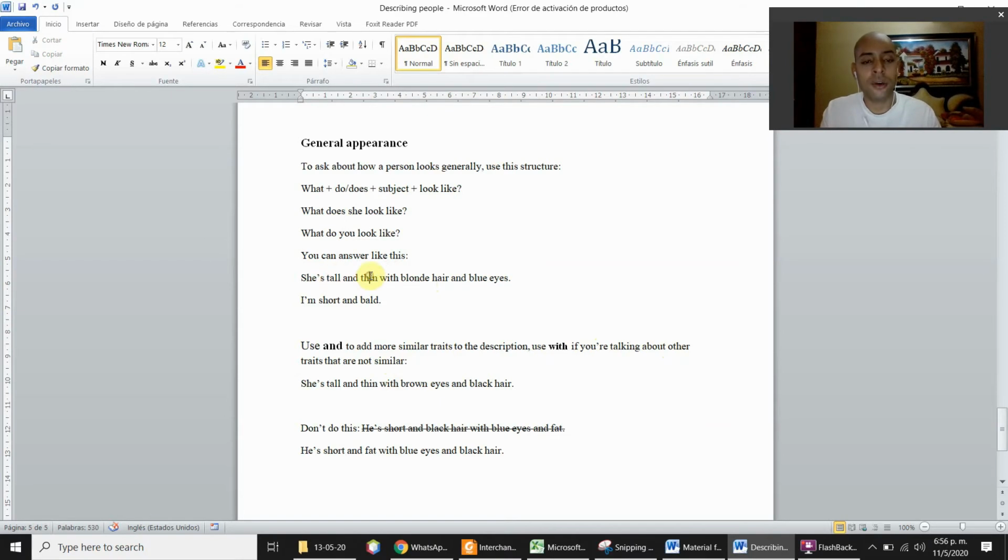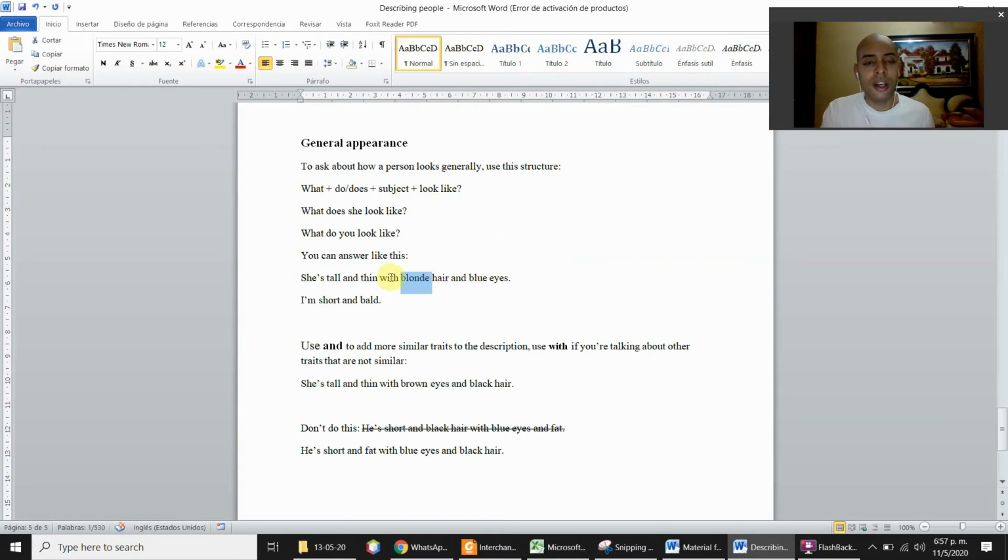Here you are describing how tall the person is and how thin the person is. So you are describing shape, the shape of the person. And here you are describing a specific part of the body of the person.